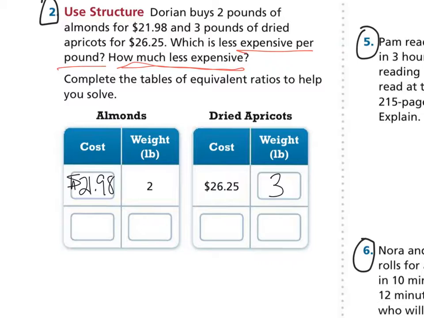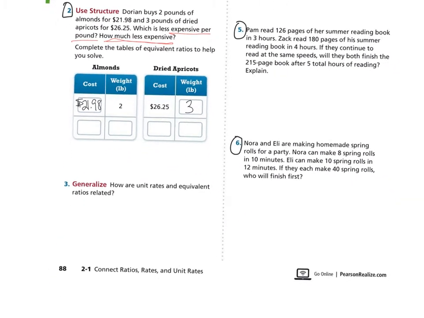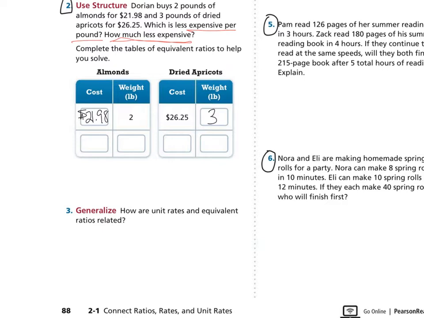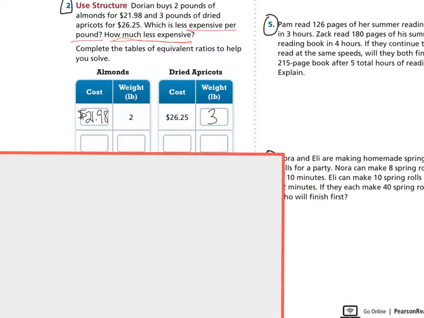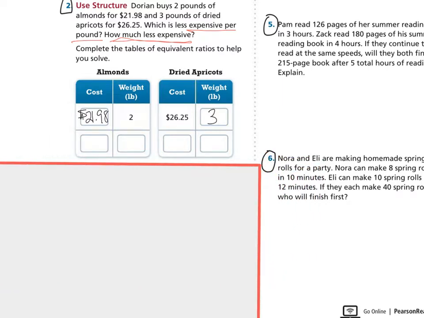So finding the cost per pound for the almonds then, we could just divide that out. So we could just take $21.98 divided by 2.